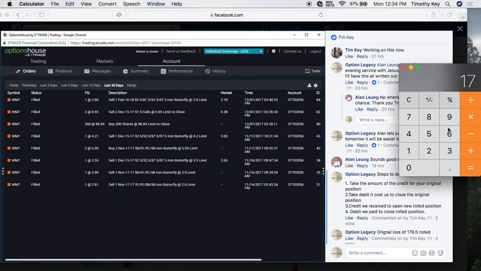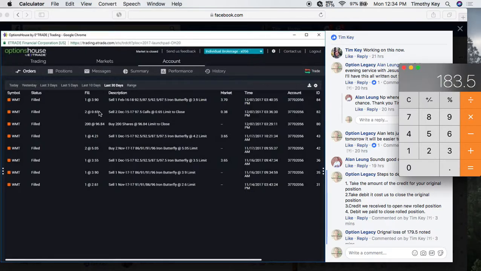So 179.50 plus the $4, which is what we used to roll or close out the assigned position, now our loss is 183.5 per contract.